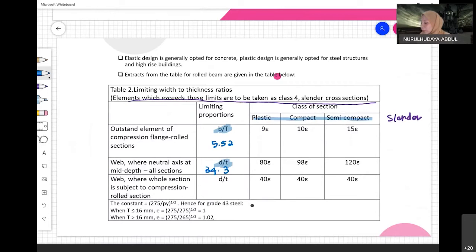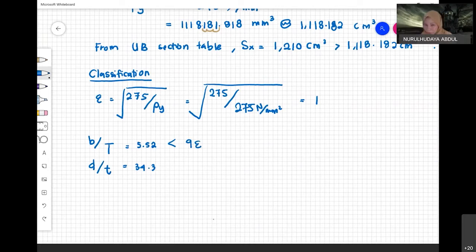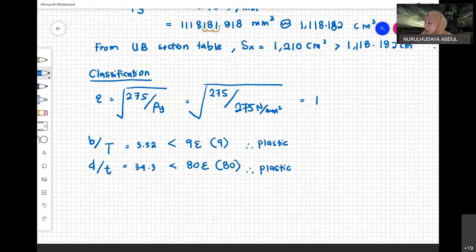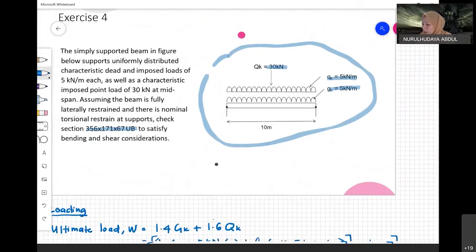So it is plastic for B over T, and for D over T, 34.3 is less than 80 times the constant, so it is plastic. Both sections are plastic. So actually I write it like this, the limit is 9 times 1. So this one is plastic, this one is also plastic. Maybe we can write back our section. I do not remember our section from before. 3561767.